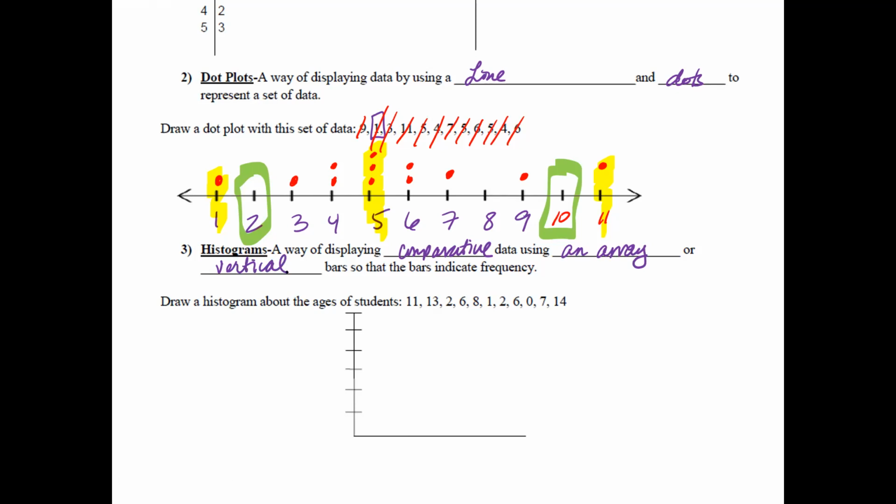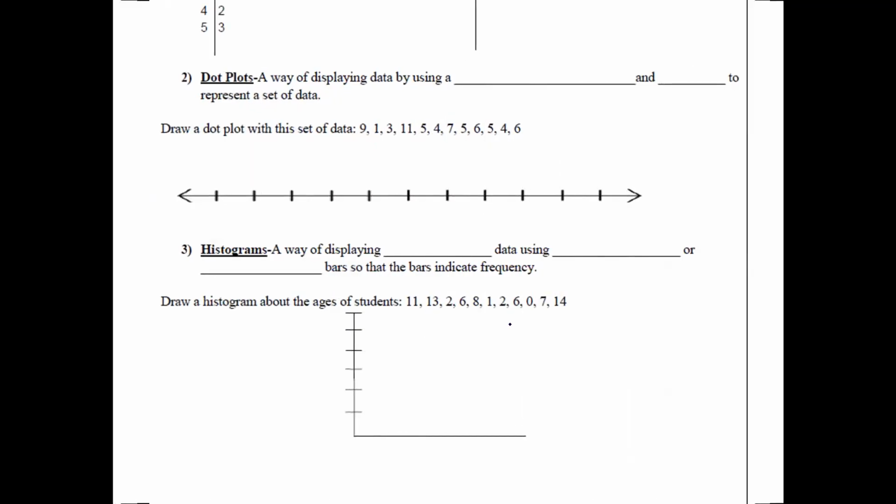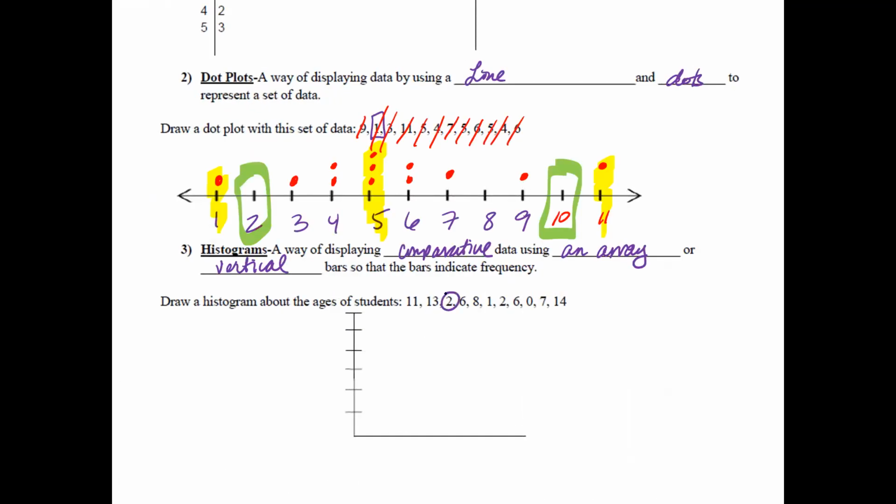So the bars indicate frequency. So let's go ahead and draw the data of students, okay? So the age of students, the youngest one here is 2, and the oldest one is 14.